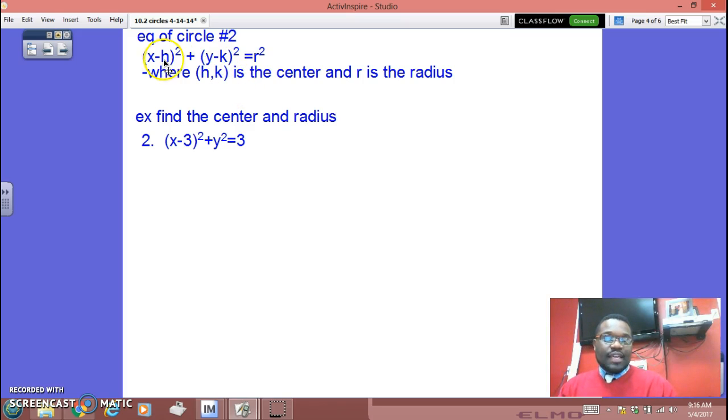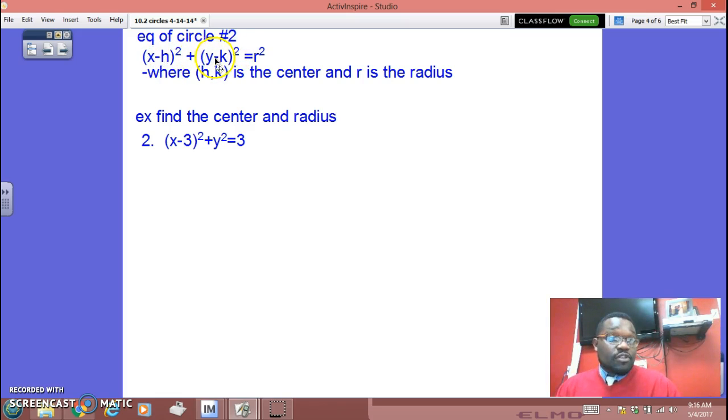It's shifted. H and K are going to be numbers. You won't see an actual H and K in the equation. H and K are numbers, where the number that's with the X is going to be your X coordinate, and the number that's with the Y is going to be your Y coordinate. Or H comma K is the new point. Notice that the H and K are positive, and on the inside they're negative.